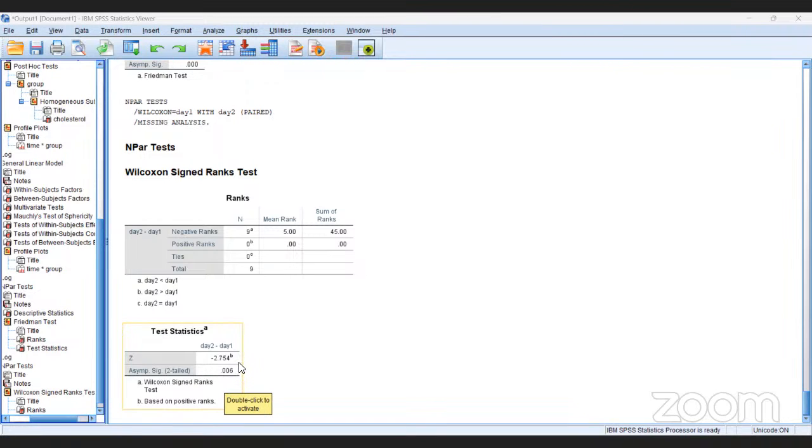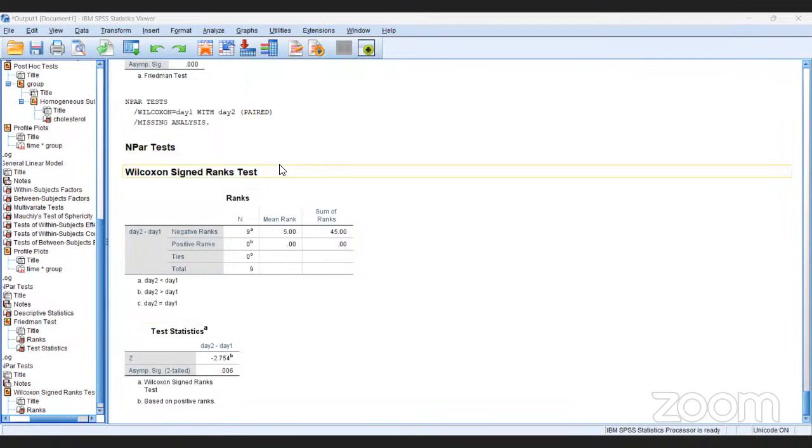So this is significant. So day 1 and day 2 difference is there. And it is the negative value. Test statistics indicates negative value. That means day 1 and the day 2, 2 days are there. So score is high, score is low, and here the score is high. Therefore, it is negative Z value.